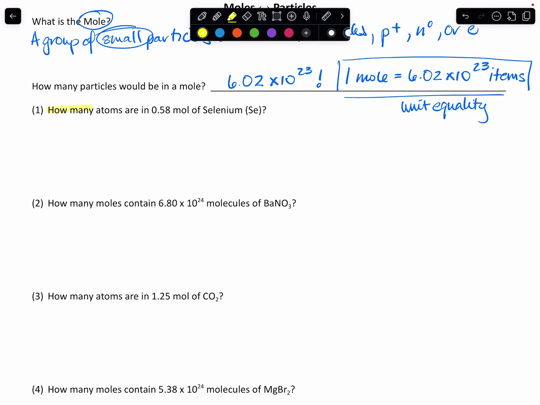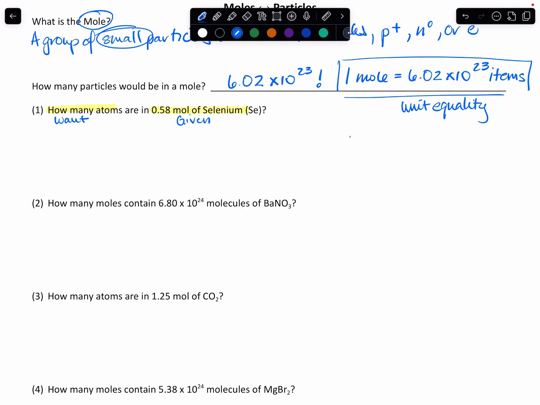All right, so how many atoms are in 0.58 moles of selenium? All right, so here's your given, and here's what you want. So we want to know atoms, and we're given moles. So I tend to write a plan off to the side.